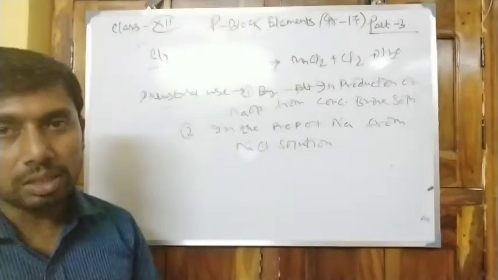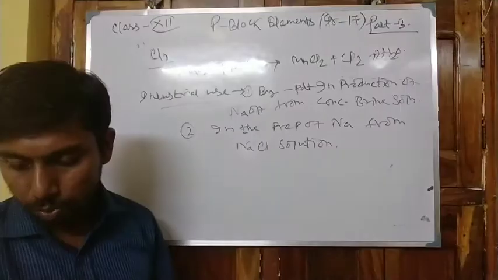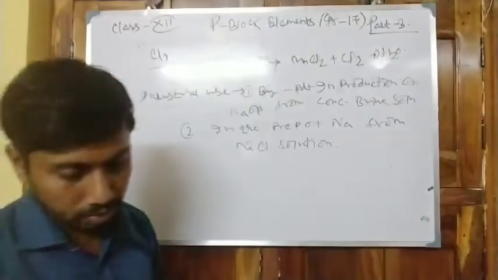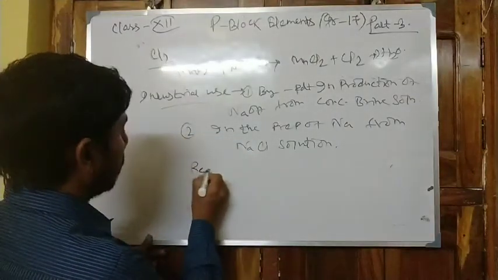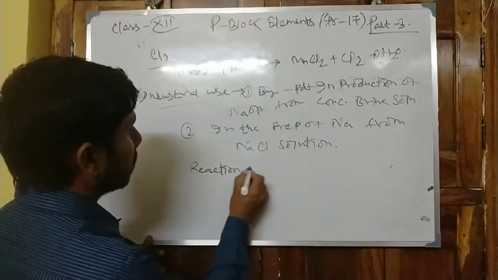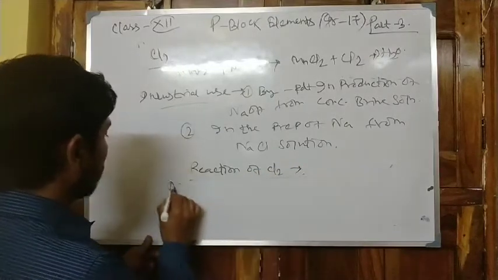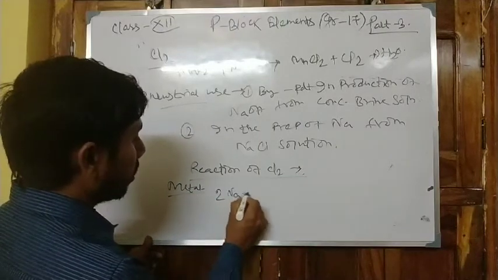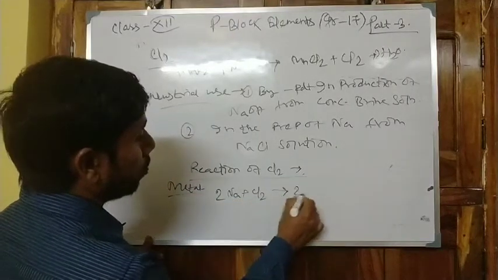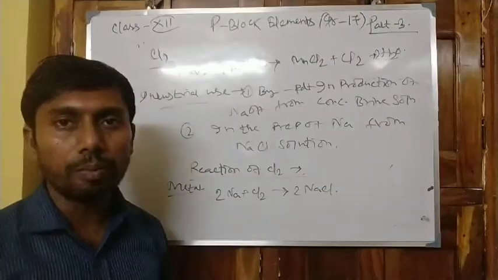Next, the reactions of chlorine. First of all, with metals and non-metals. Na plus Cl2 forms 2NaCl. It is the formation of an ionic compound.